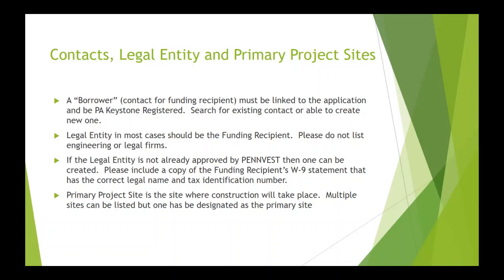Whenever you're completing this section, it's imperative that if you are the funding recipient working on the application, or you're working with the funding recipient, you have whatever necessary documents you need to complete that. That's probably one of the more common errors: the legal entity not being correct in the application.